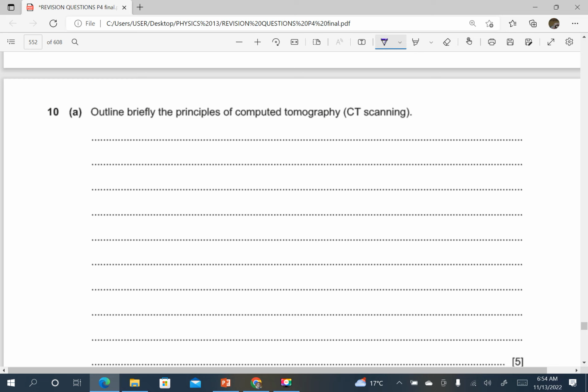The process is repeated for different slices, and their two-dimensional images are also found. Then at the end of the scan, the computer combines all these two-dimensional images to produce a complete three-dimensional image, which can be viewed and rotated from different angles. That is a CT scan.